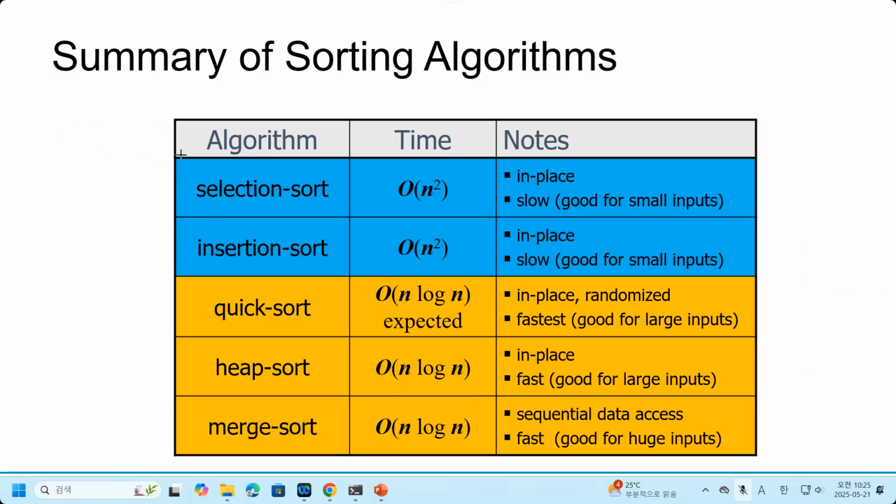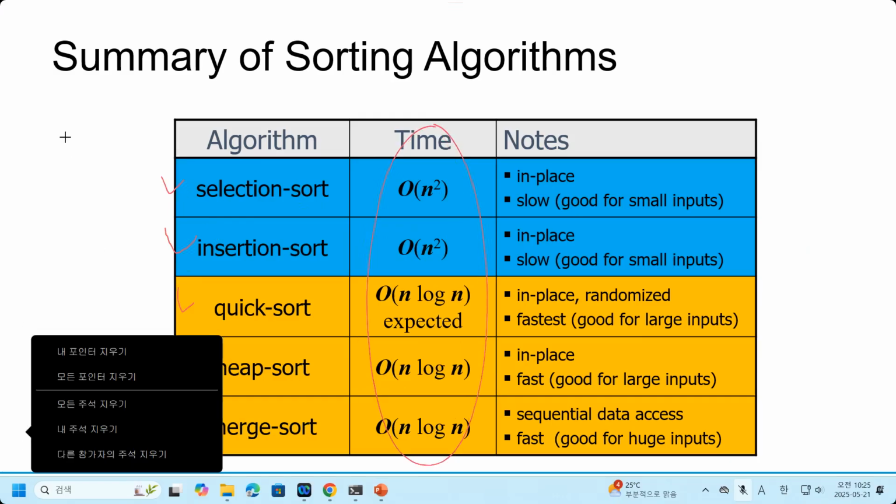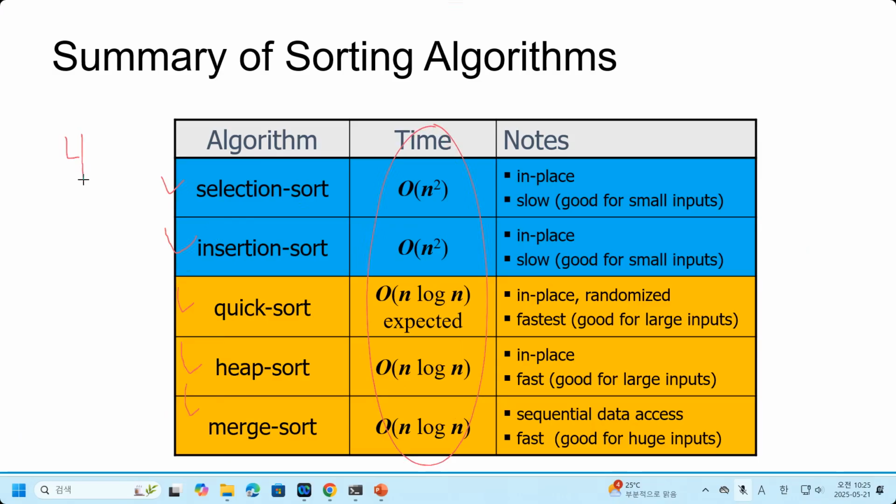Your team project should mention what your algorithm is and what the time complexity is. Because your teams mostly have 4 members, it means you need to have at least 4 algorithms. 1, 2, 3, 4. So you need to show 4 algorithms.